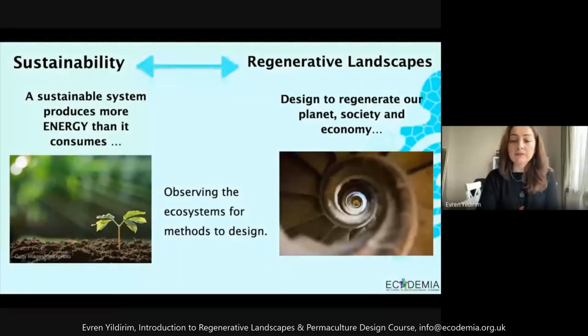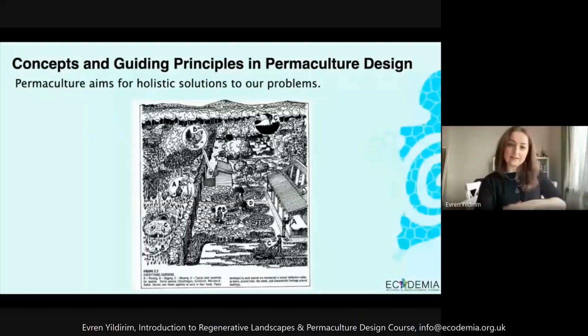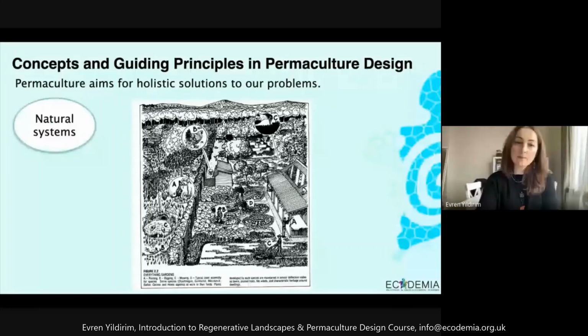And how will we build these systems? We will use concepts and principles and methods of permaculture design. I'll just give you a short brief of some of the principles and concepts we'll be talking about. We'll be talking about natural systems, functional design.